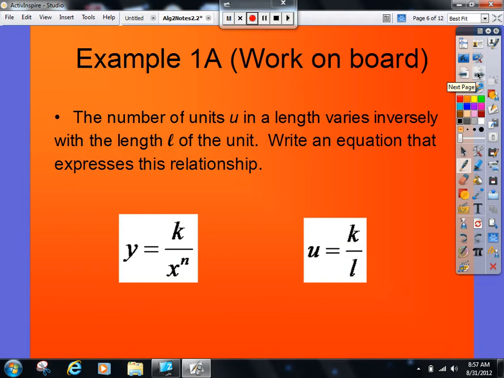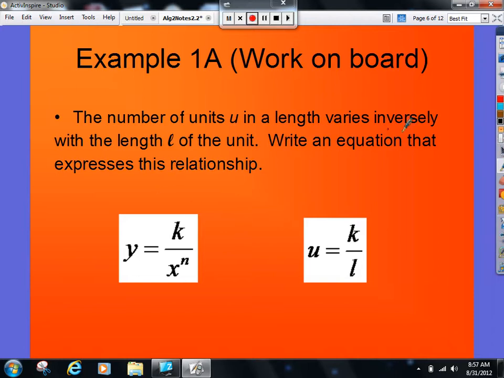Okay. The number of units u in a length varies inversely with the length of the unit. Write an equation that expresses this relationship. As soon as we read the words varies inversely, you should write this general form down. This is the general form.